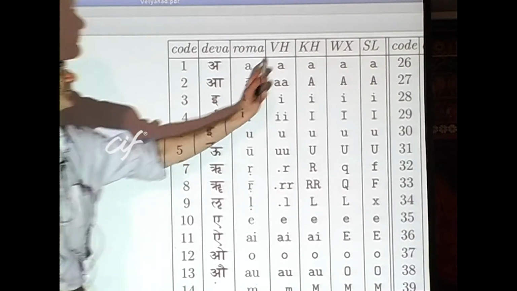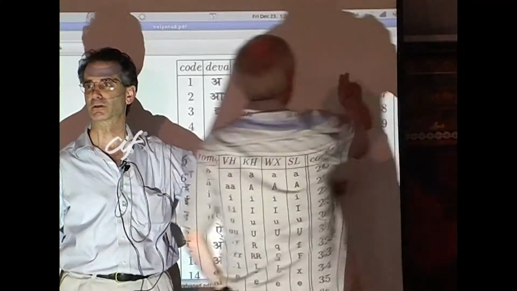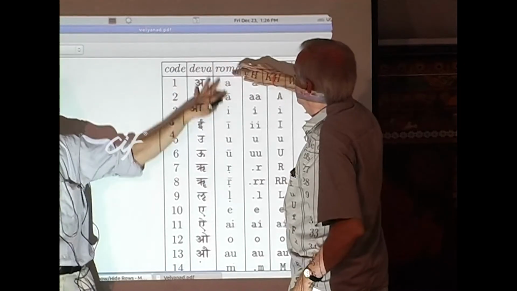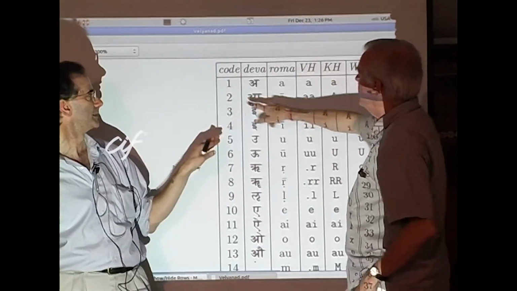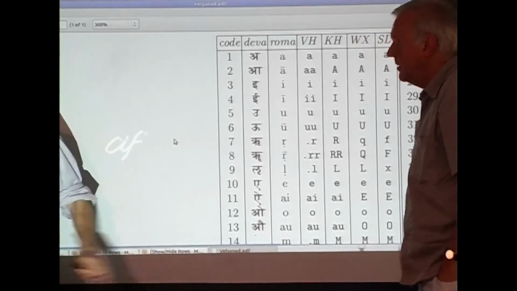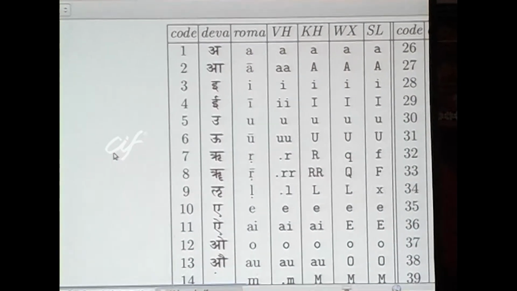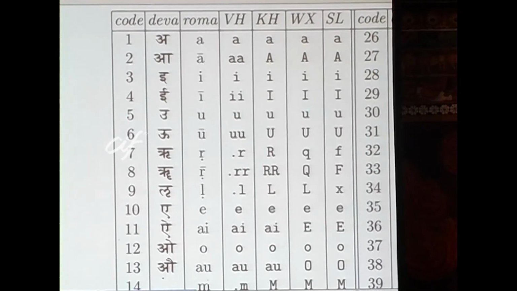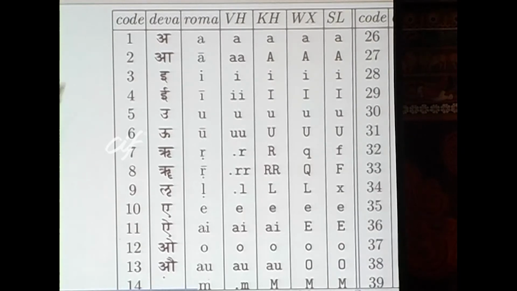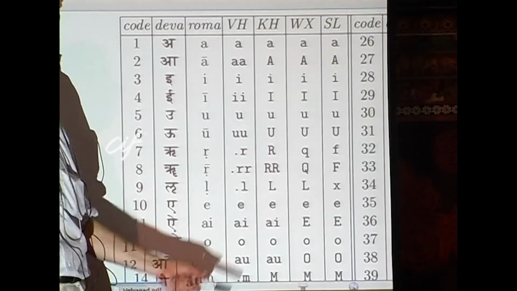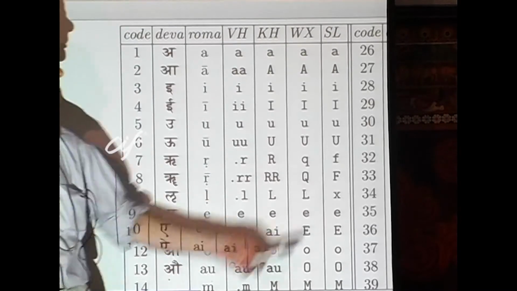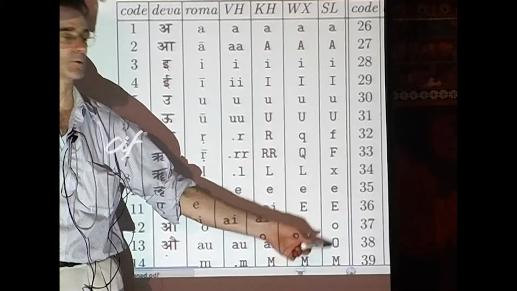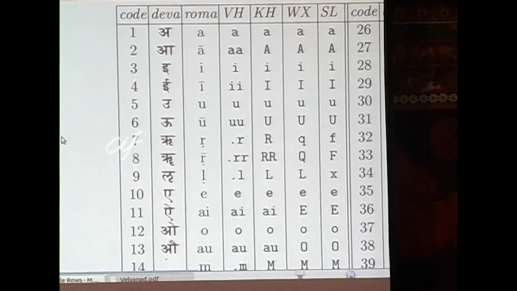Any of these 4, you can choose any one of these 4. This is data entry. And for output, these 2. These 2 are for display, and this is for internal processing. 3 different things, 3 different purposes, 3 different encoding schemes. Transcoding is simple, and it makes the linguistic processing easier to have a one-to-one representation, whether it's a numeric representation or an SLP representation. Actually, SLP is also a numeric representation. This is just the visual representation of that internal encoding.